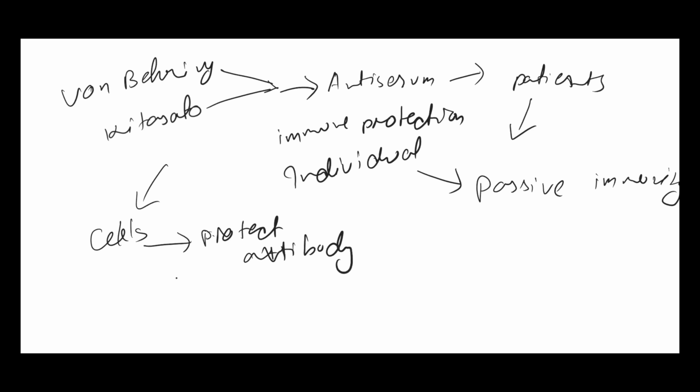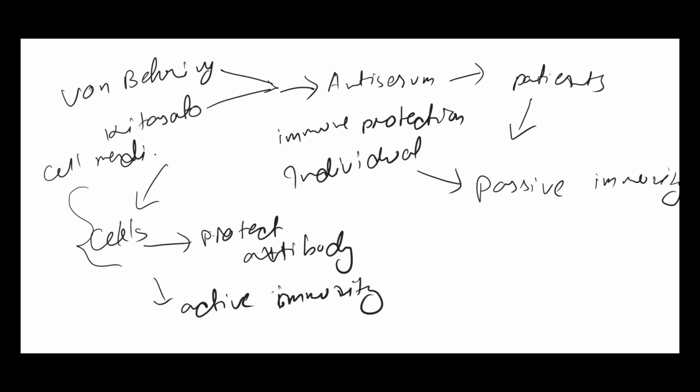It was known to be active immunity, because it's producing its own immune system and its own antibodies, and all this occurs with the help of cells. So it was cell mediated immunity.